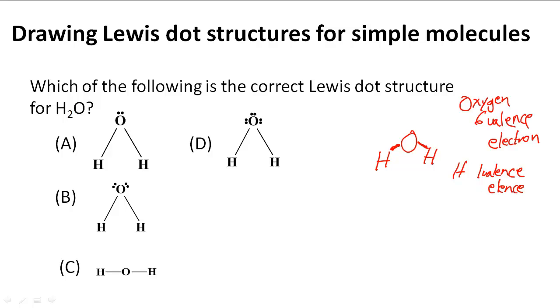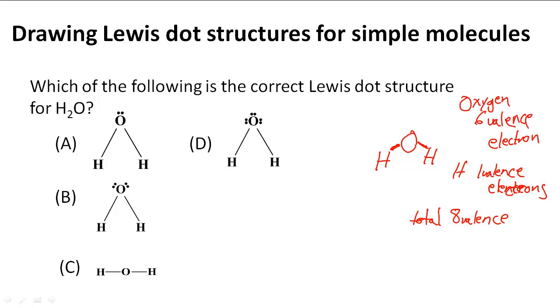So we have 2 valence electrons from the hydrogens and 6 from oxygen, which means we have a total of 8 valence electrons. And this should sound good because remember, atoms bond together because they want to be stable, and they want to have 8 valence electrons in their valence shell.